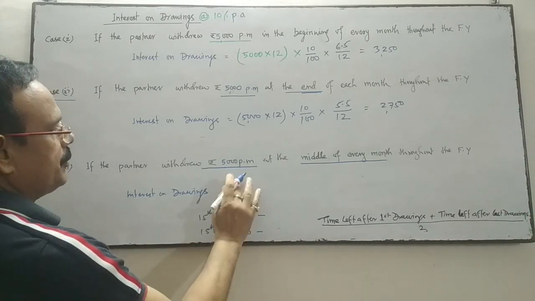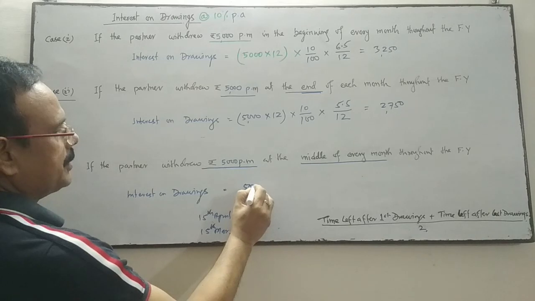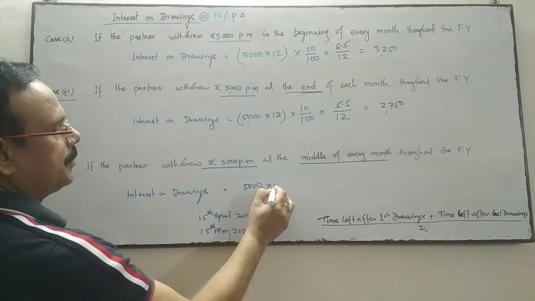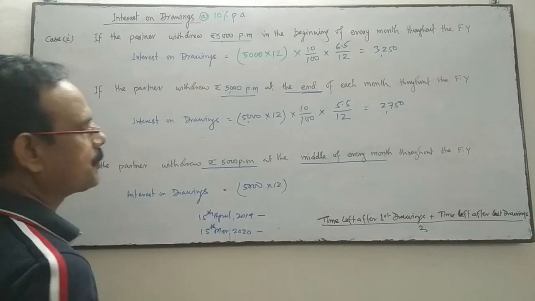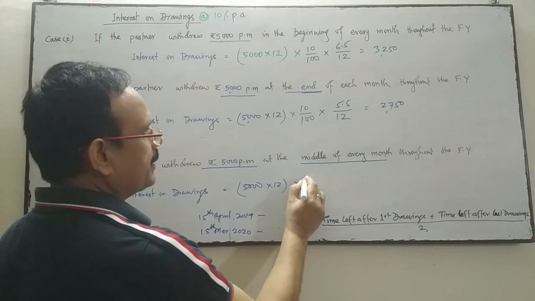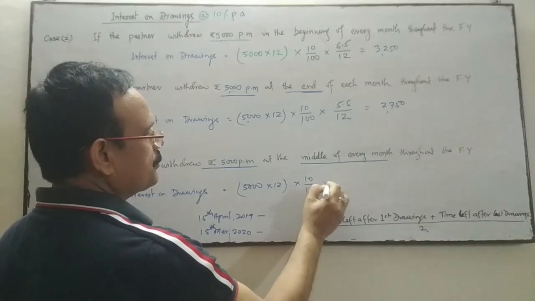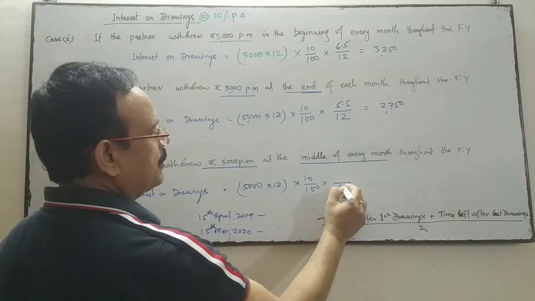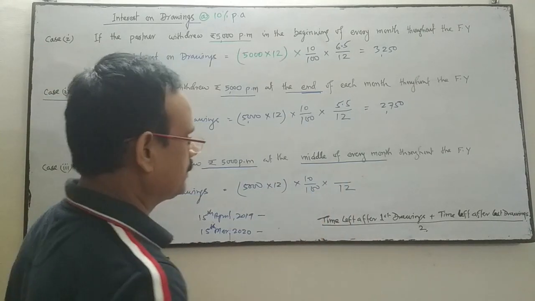So interest on drawing will be 5,000 into 12 for the 12 months, the total drawing, into rate of interest 10% into, we will find out the months over here.